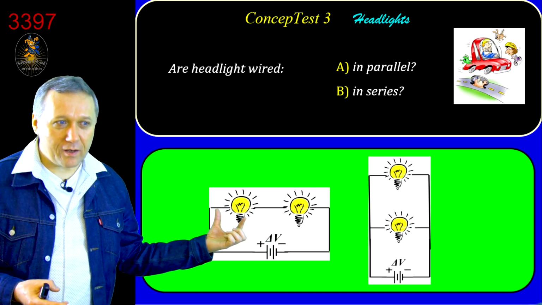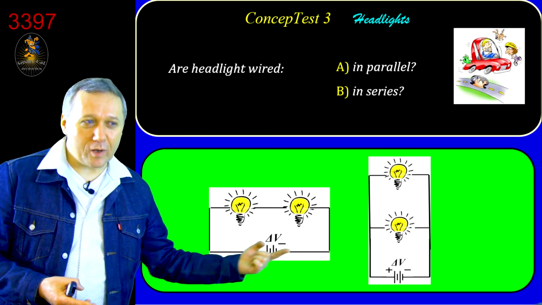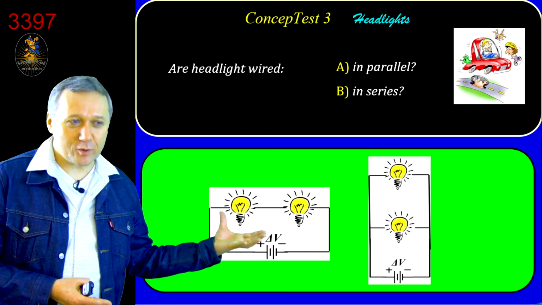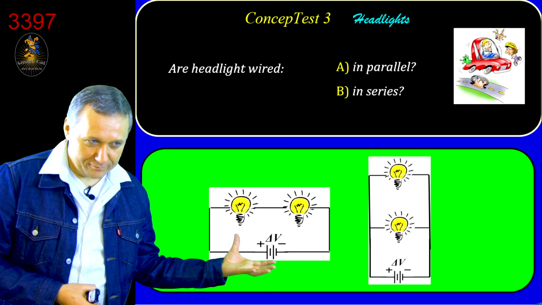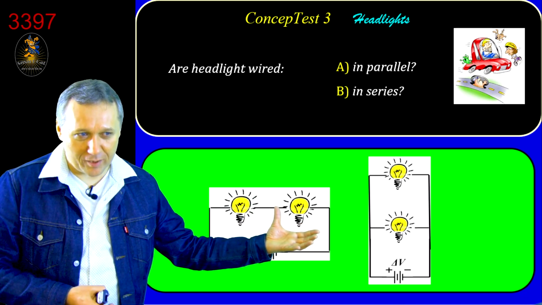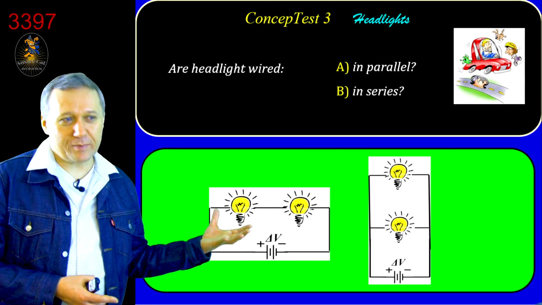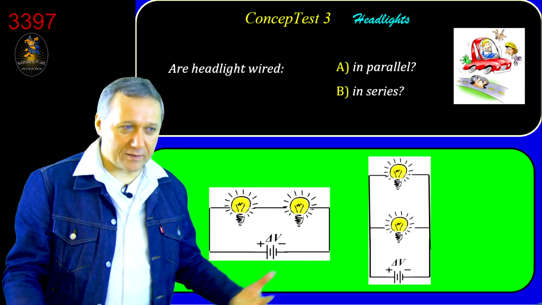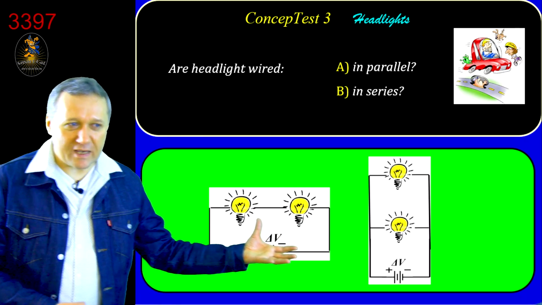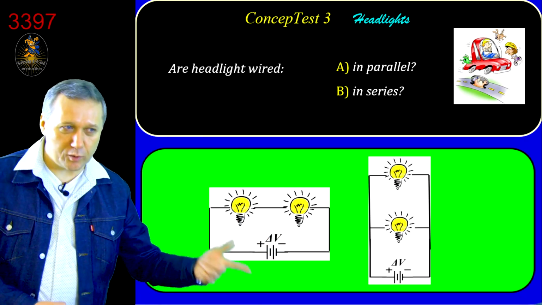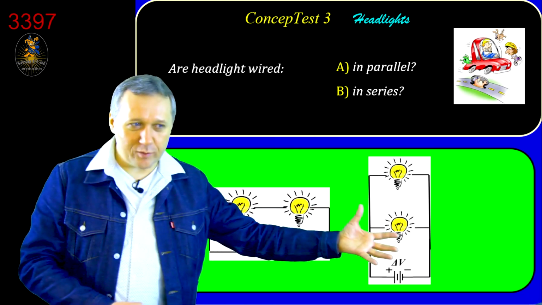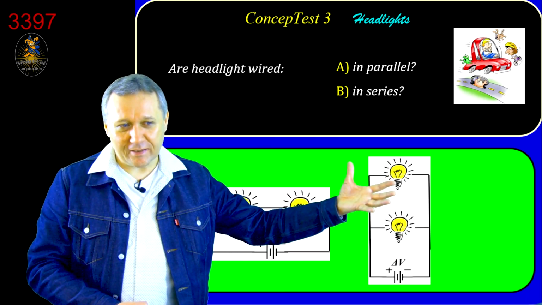Since we have only one loop, if one bulb gets burned out, this circuit is going to be open and current is not going to flow even through the second bulb. So you will end up in complete darkness driving on the road. Of course, from the safety point of view, it's a no case. Completely no.